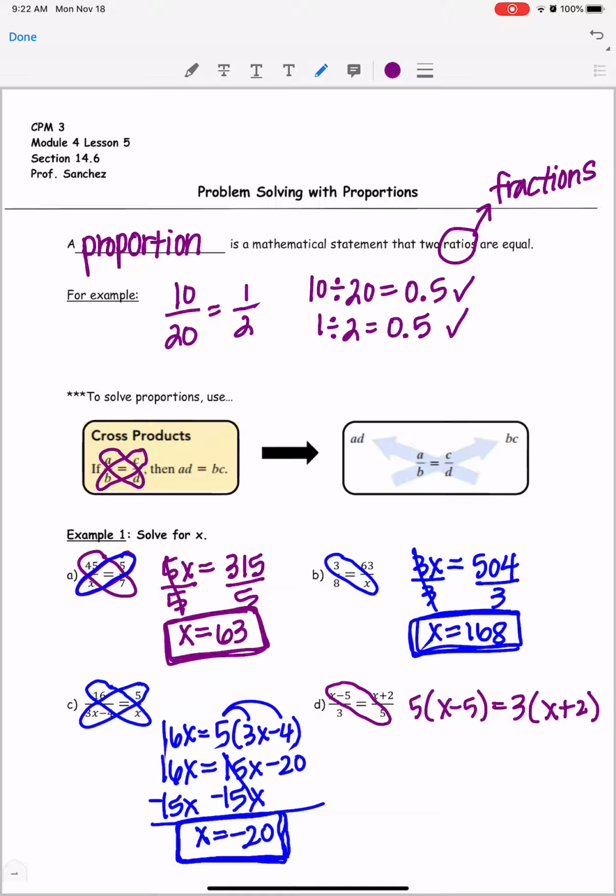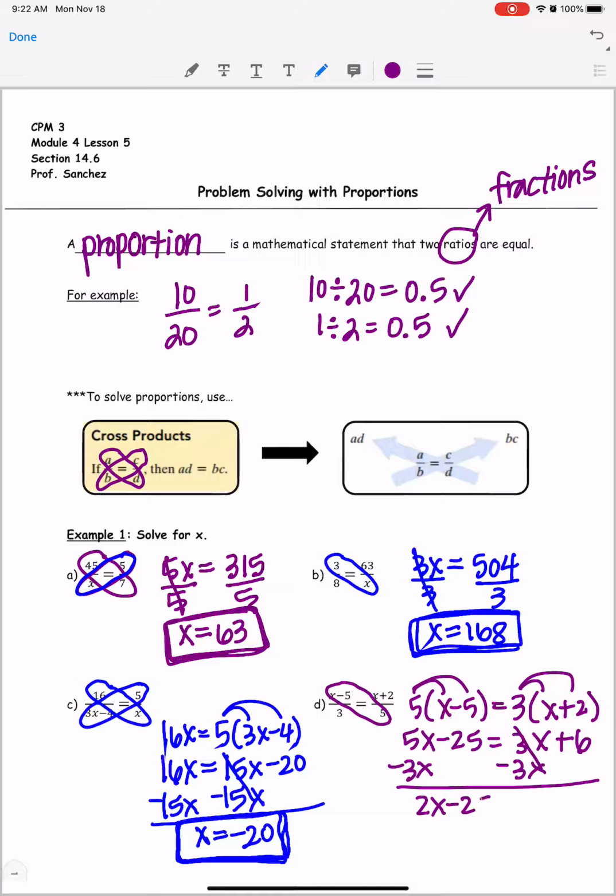So we've got distributive property on both sides. So distribute your 5, we got 5x minus 25 equals, distribute your 3, 3x plus 6. I need to get x on the same side, so I'm going to subtract my 3x over. I've got 2x minus 25 equals 6.